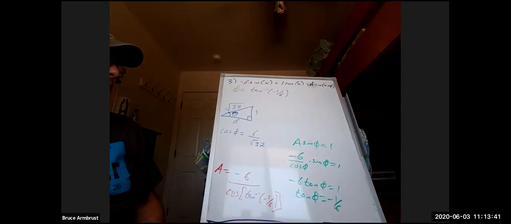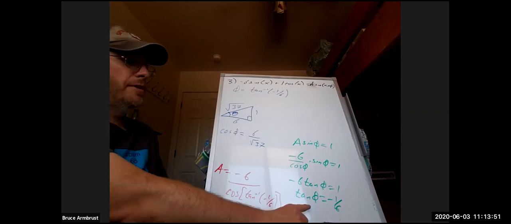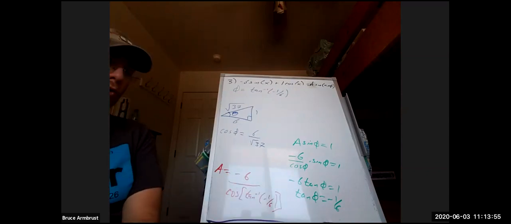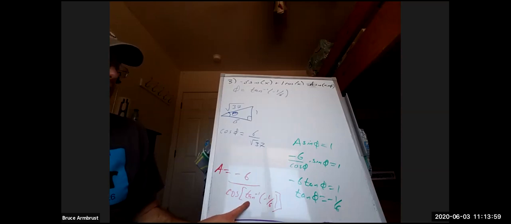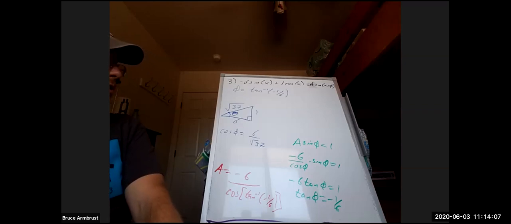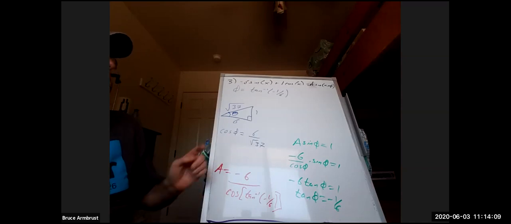But again, that's plus or minus. So we'd have to figure out whether it's positive or negative, but the trick there is to figure out which quadrant we're in with phi. So remember that the tangent is negative, so that's either quadrant 2 or 4. But since we're using inverse tangent, that forces us to be in quadrant 4, because inverse tangent only gives us quadrants 1 or 4. So we're in quadrant 4, and in quadrant 4, cosine is positive.